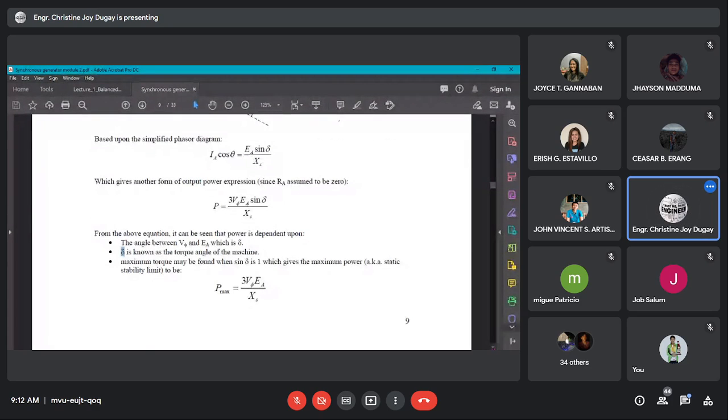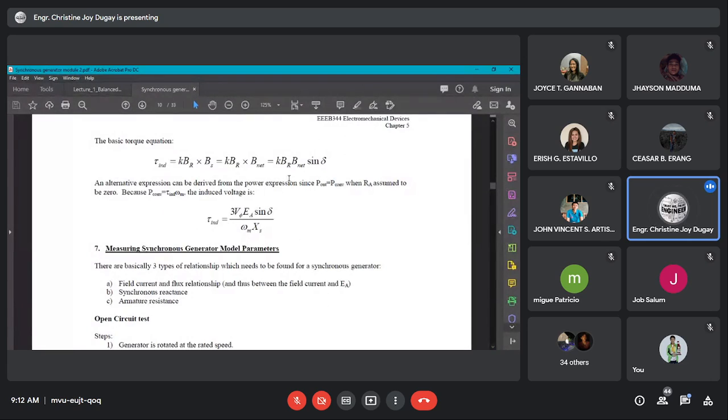Yes or no, no? Okay, so if you're going to continue yung basic torque equation po natin wherein T induced is equal to KBR of BS, that is equal to B net, no? Or yung magnetic field, the total magnetic field po natin, which is equal to KBR B net sine of sigma. So alternatively, the expression can be derived from the expression which is P out natin is equal to P converted, wherein ang RA natin is assumed to be 0.